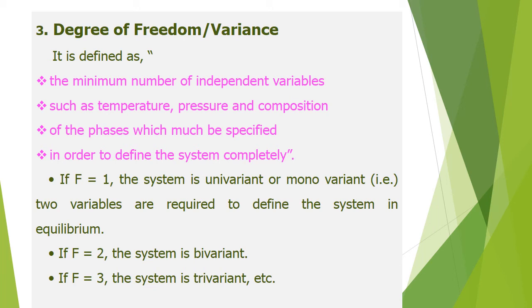F can also take the value 0. Component can never be 0, but degrees of freedom can be 0. In that case, the system is said to be invariant. If F takes the value 0, the system is invariant. Let us see some examples to understand degrees of freedom better.